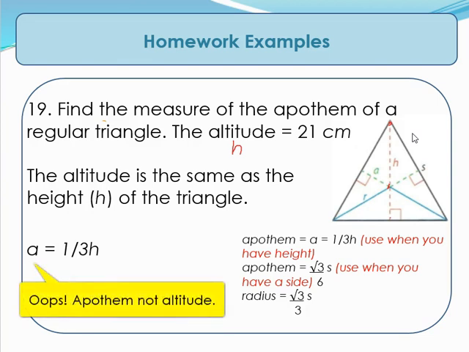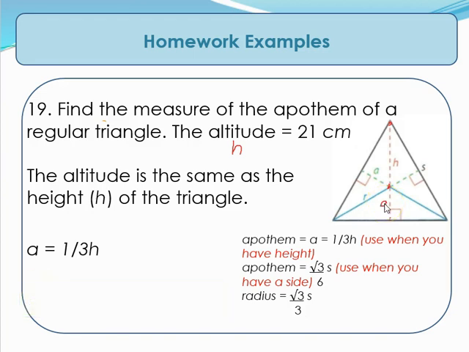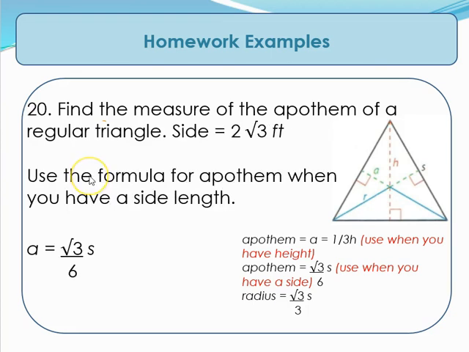We're solving for the apothem, which is this piece A here, which goes from the central angle down to the base. Okay? So the altitude is the same as the height of the triangle. Sorry. But the altitude is not the same as the apothem. That's what I'm trying to say. So apothem equals 1/3 of the height.